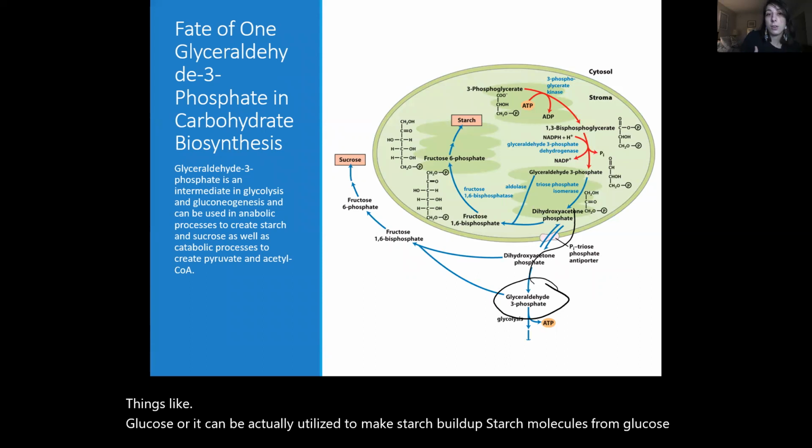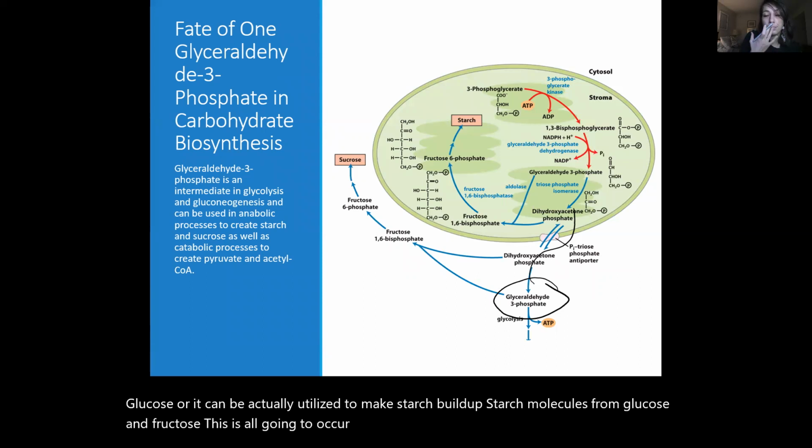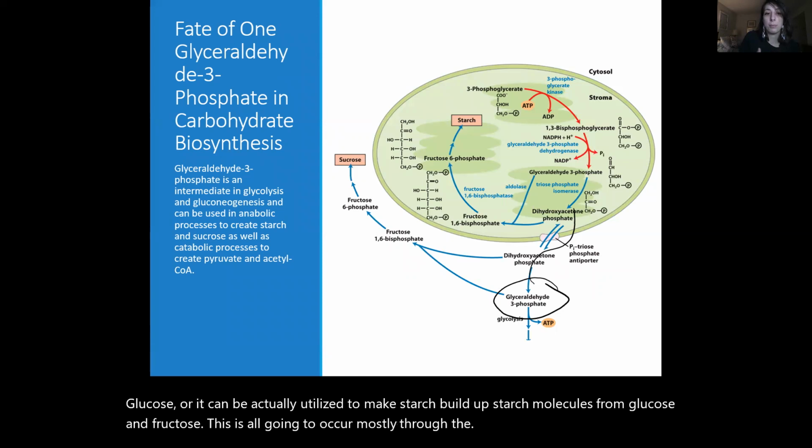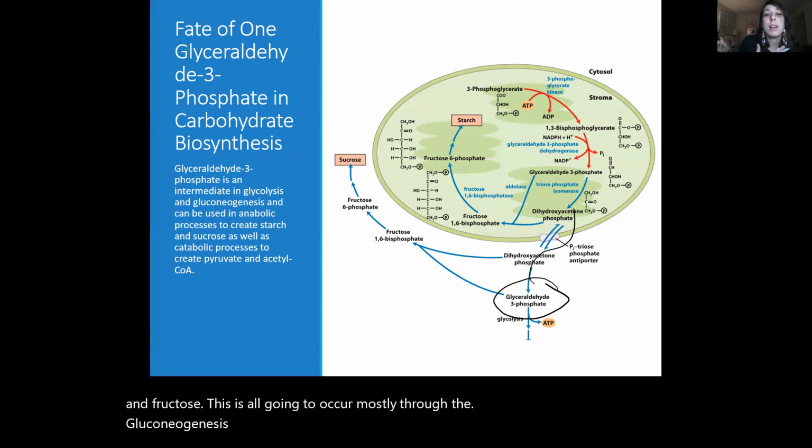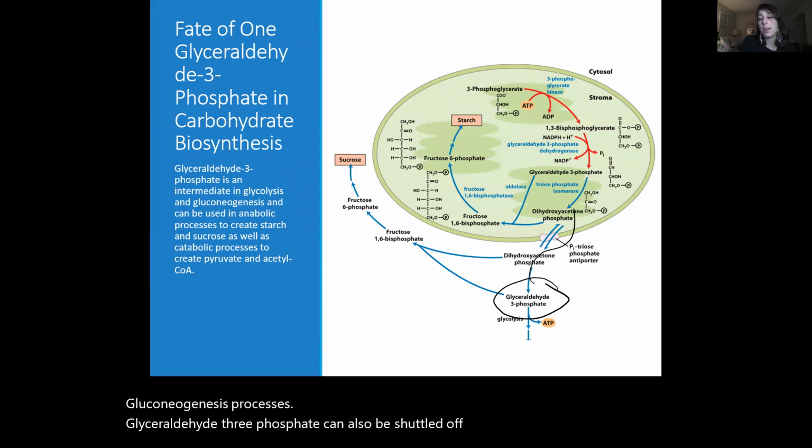This is all going to occur mostly through the gluconeogenesis processes. Glyceraldehyde 3-phosphate can also be shuttled off into other areas to make things like sucrose.